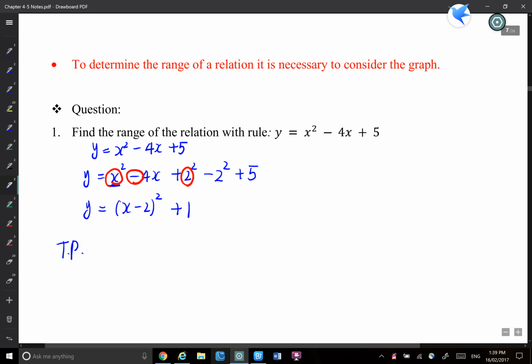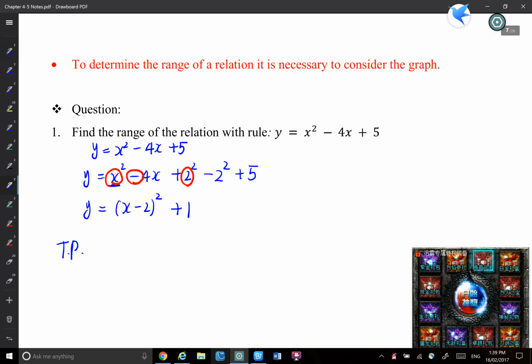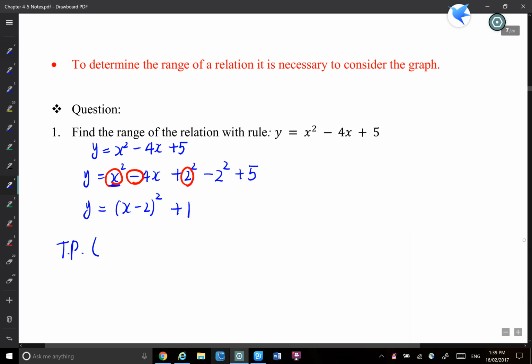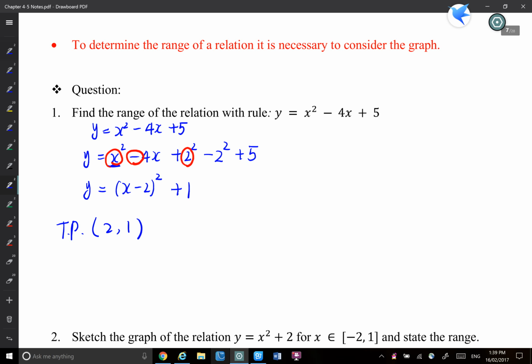So what's the turning point? 2, 1. Okay, 2, 1. What's the x-intercept? No x-intercept. So I'll have the graph here.